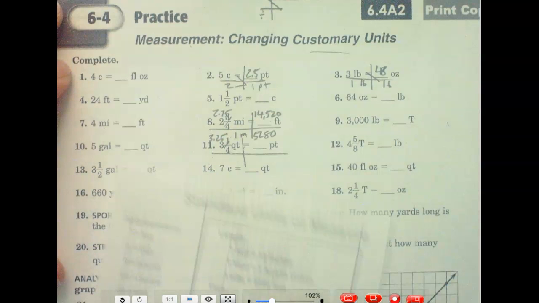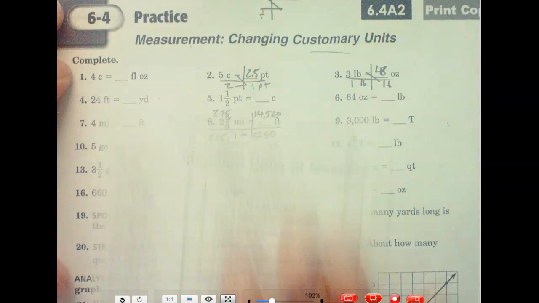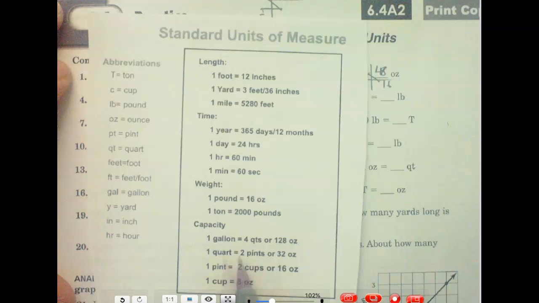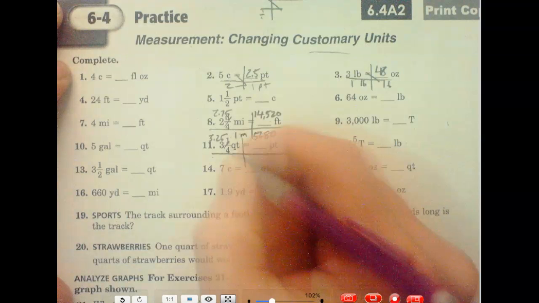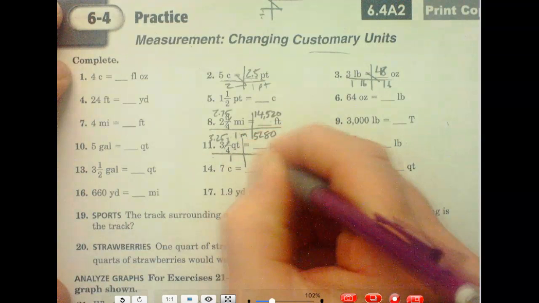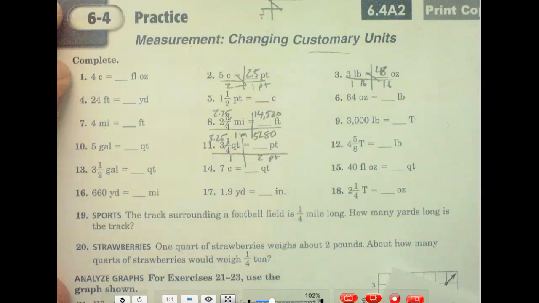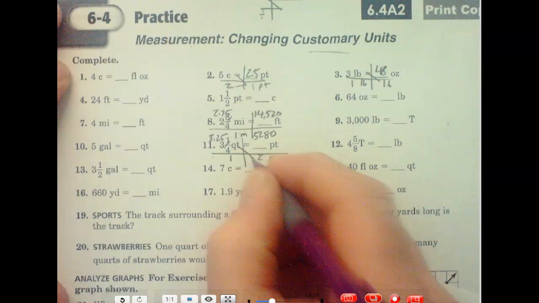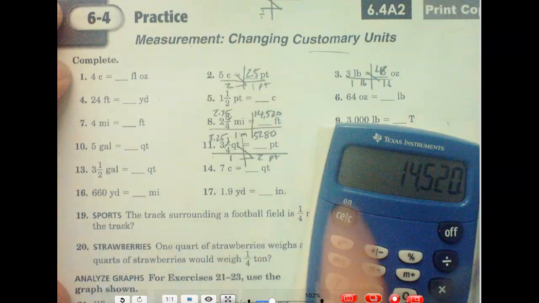Let's take a look and see. We've got pints and quarts. 1 quart, 2 pints. So 1 quart is 2 pints, or as the kid once said, 2 pence. All right, so we multiply diagonally and then divide. Let's get our calculator. Clear this guy out.